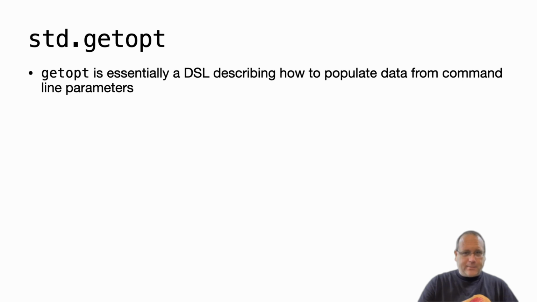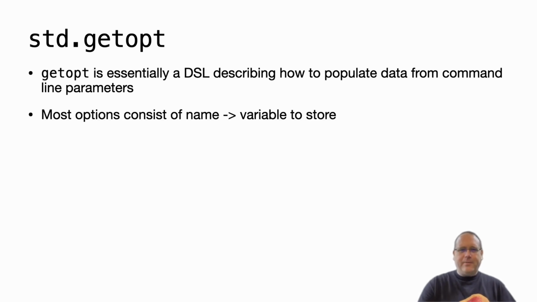If we look at getopt, it's essentially a DSL describing how to populate the data from the command line parameters. Okay? We have command line parameters, those are strings, and we have variables, those are values, and getopt just connects them together. Now, that's just name to variable to store, right?